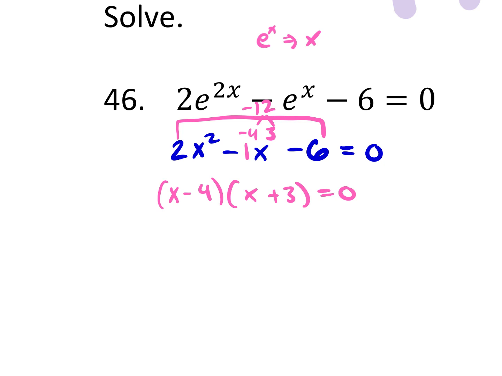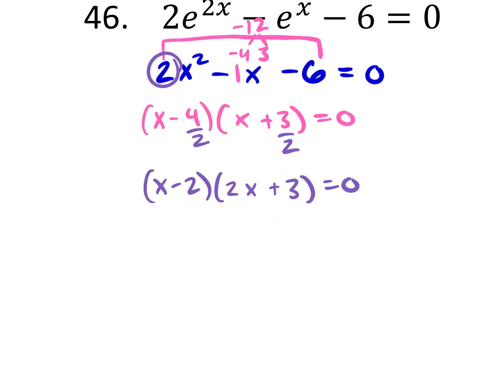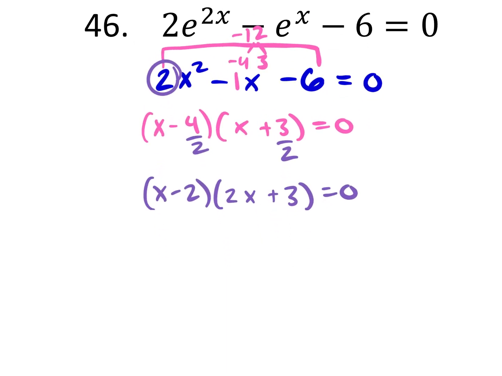What do I have to do next? Divide by 2. So x minus 2 and 2x plus 3. Now I'm not done yet, I just factored, so I did the hard part, but I still have to solve. So I'm just going to change those x's back to e to the power of x.